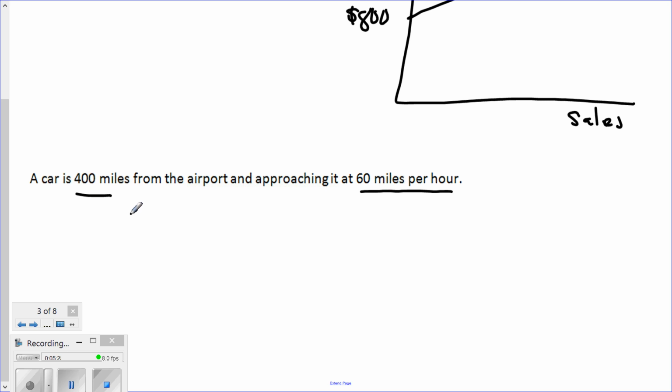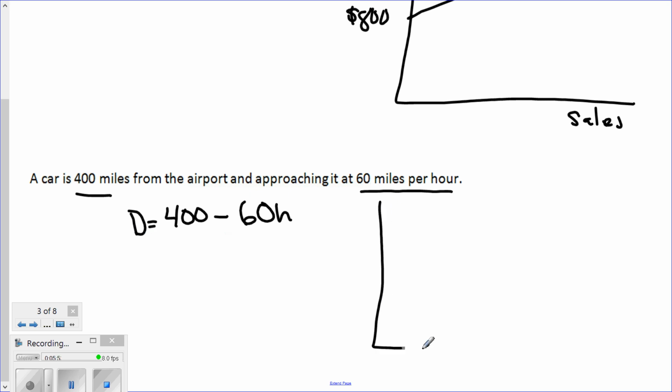So the distance to the airport remaining is 400 miles, and then it's decreasing 60 miles for every hour that the car drives towards the airport. We're assuming there aren't going to be any delays or traffic jams along the way. And there are two variables. h is the independent variable, the number of hours that has gone by, and D is the total distance from the airport.